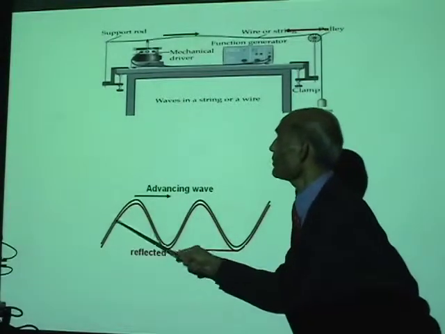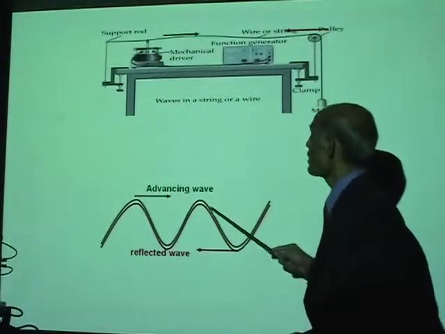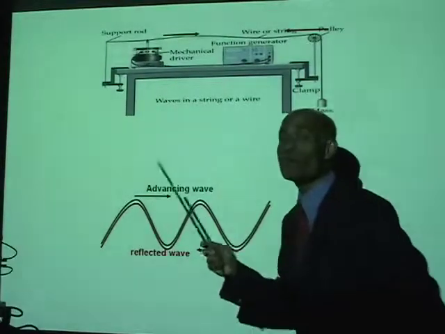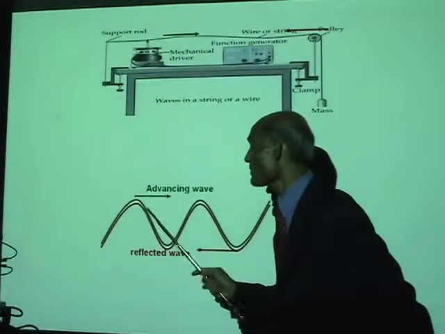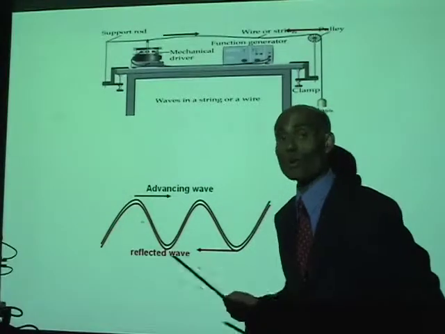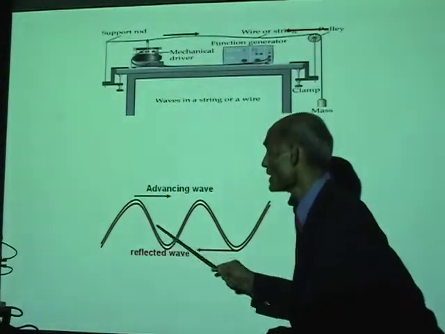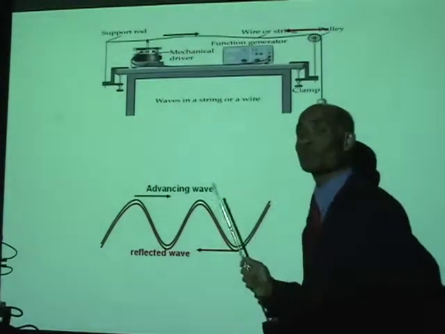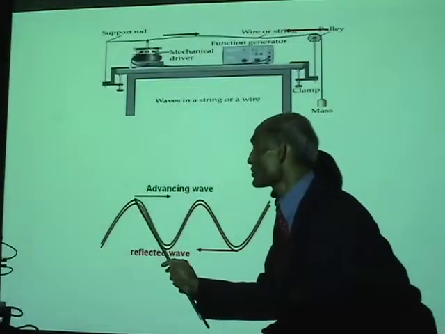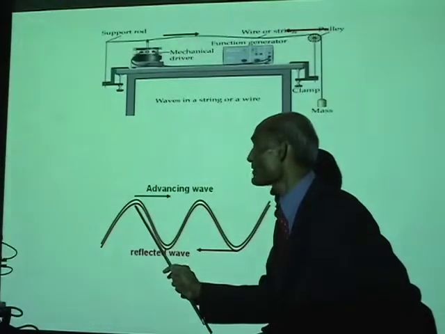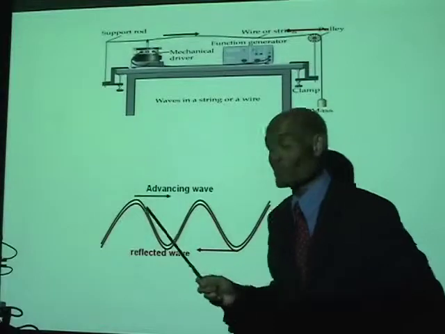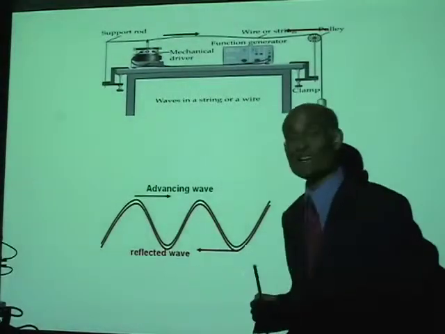Now tell me, what will be the state of vibration of the string when the two waves are meeting like this? Are they meeting in phase or out of phase? When they are like this, the crest of the green wave and the crest of the red wave are together. Similarly, the troughs are together.